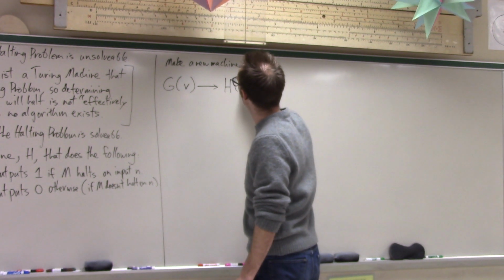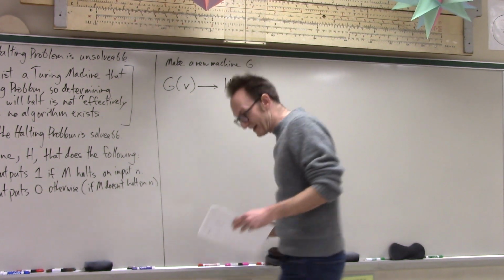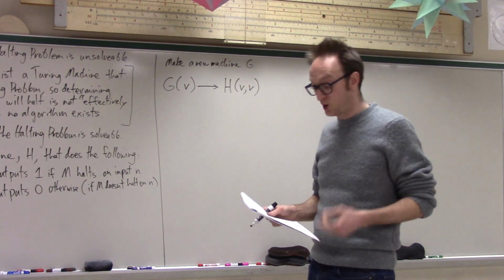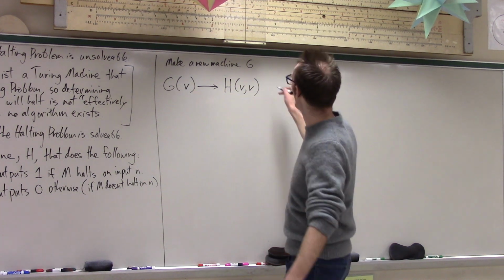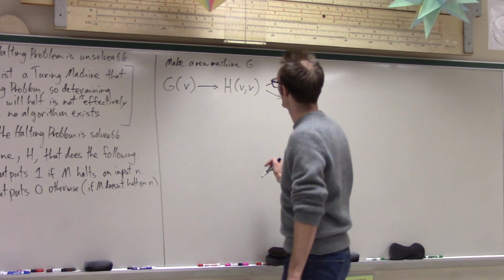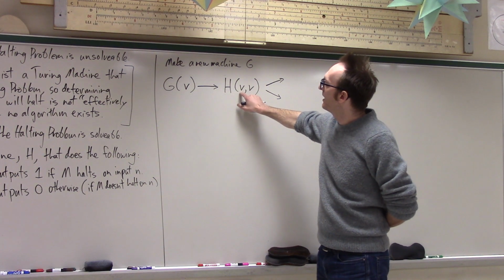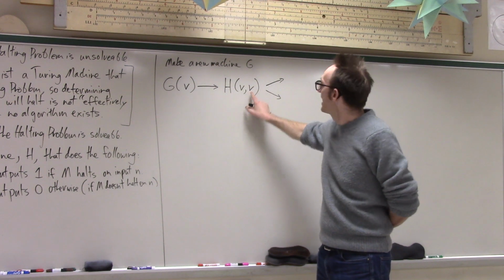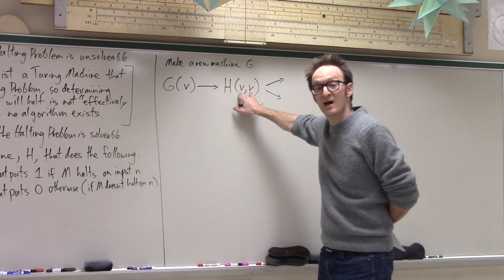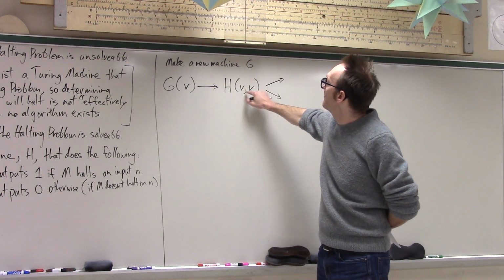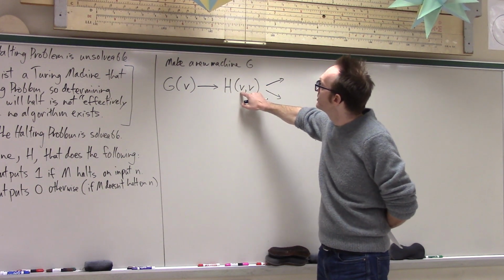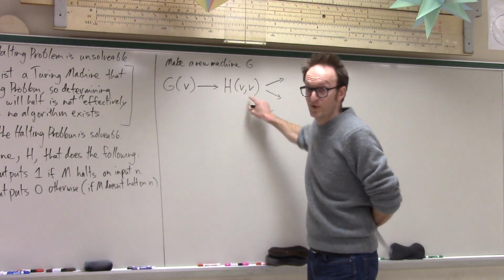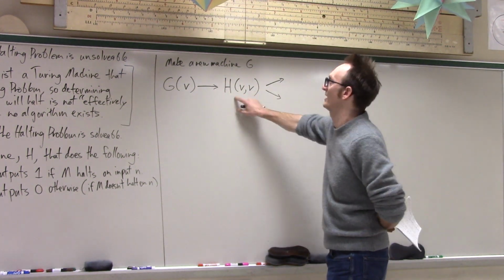And what G does is run this halting machine with V run on itself. In other words, V is a Gödel number of a Turing machine, but at the same time, V is just a number, and I'm now using V in both ways. I'm basically saying, plug into the machine which V codes the code number of itself. There's some sort of self-reference going on here.